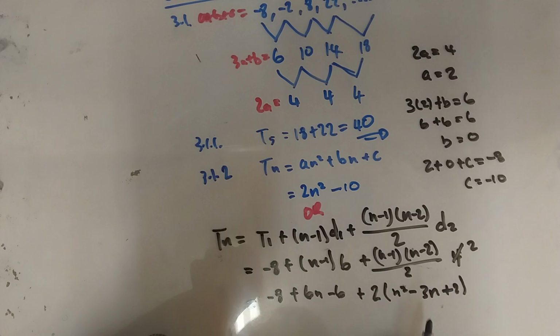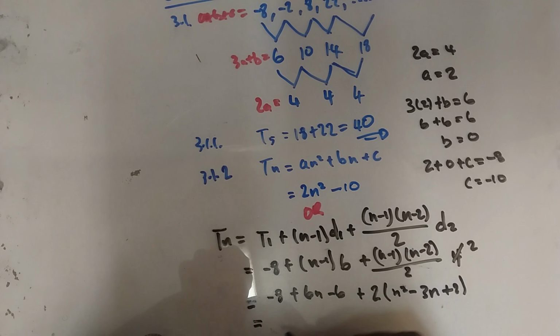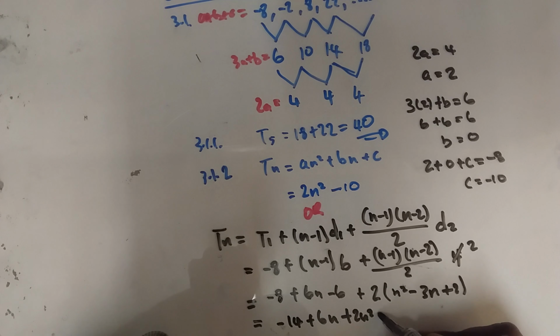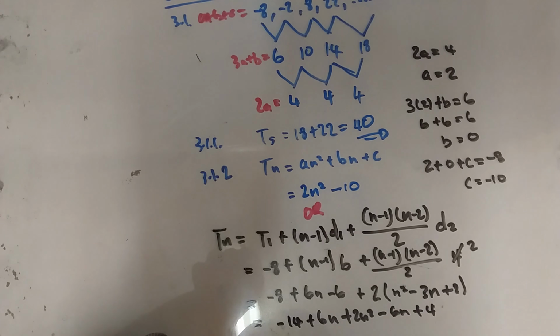So what we are going to have is negative 8 and negative 6, which is negative 14, plus 6n plus 2n squared minus 6n plus 4. As you can see, the 6n and minus 6n give me 0, and then I'm going to have the solution of 2n squared, negative 14 plus 4 is minus 10, which is the same solution.